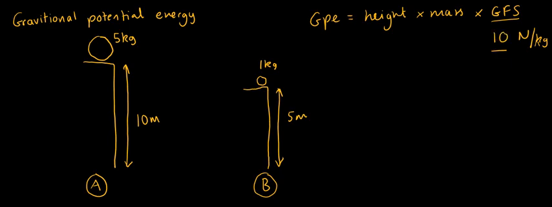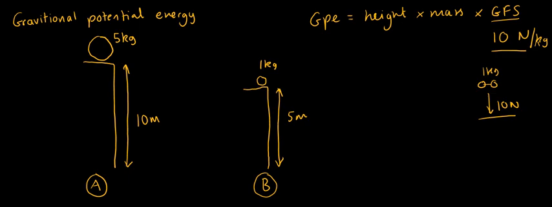So what does this mean? Well, let's say for example, I had a 1 kilogram mass. If this was a 1 kilogram dumbbell, then I have 10 newtons of gravitational force pulling this 1 kilogram mass towards the ground.